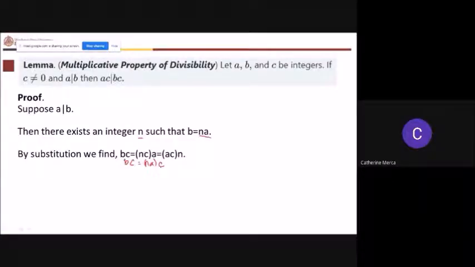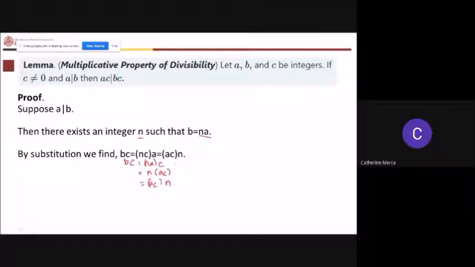But then, because of associativity, and commutativity, you can actually rewrite this. Pwede ring associativity mauna, and then associate this, ac, and then you can commute. That is ac times n.